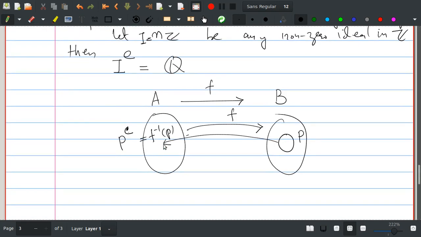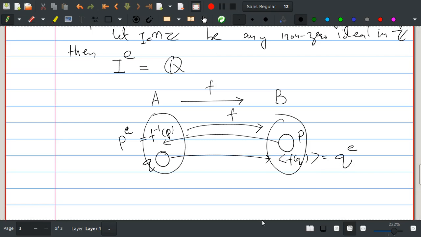However, this is not the case with the extension. For example, suppose this is a prime ideal Q. Now if we look at the ideal generated by the image of Q, which is the extension of Q, this ideal need not be a prime ideal in B, i.e. the extension does not preserve the primeness of an ideal.